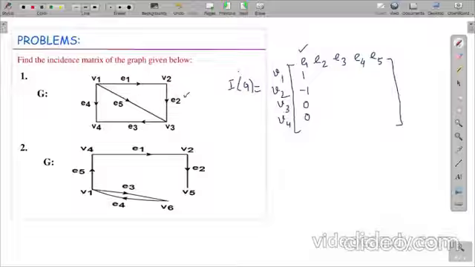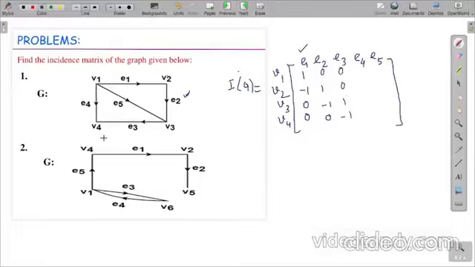For edge E2, out from V2 into V3, that is minus 1, the rest will be filled by 0. For E3, out from V3 and ending at V4, minus 1, the rest will be 0.